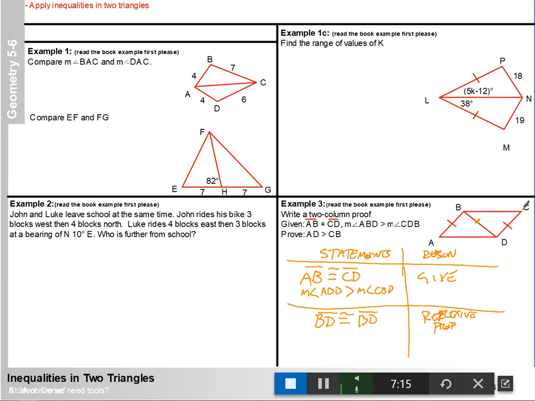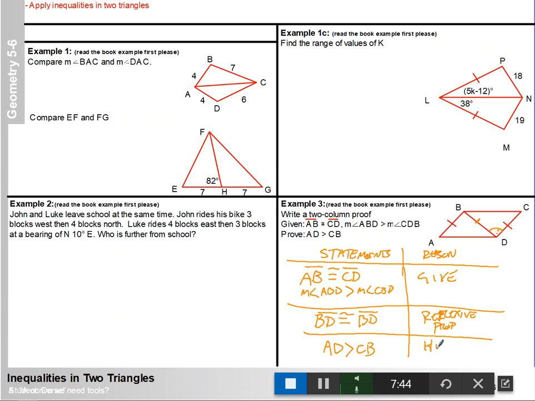Well, we know that this measurement, CBD, is greater than ABD. So we know that because this is a greater angle, the side length opposite has to be greater. So really, this is not a huge proof at all. So we can go straight to using our Hinge theorem to say AD is greater than CB.